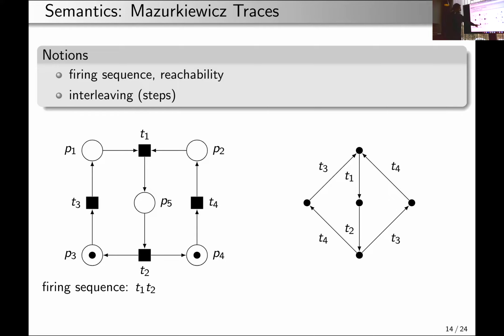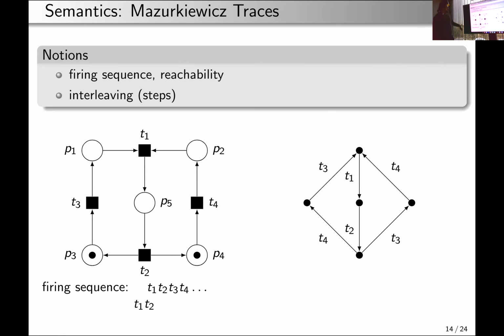At P5, T2 was enabled, and I can fire it. So here I could not add T1. This would not be a valid firing sequence, okay? Now I can fire T3 and T4, and so on. I reach the initial state again, so I can basically just loop forever here.